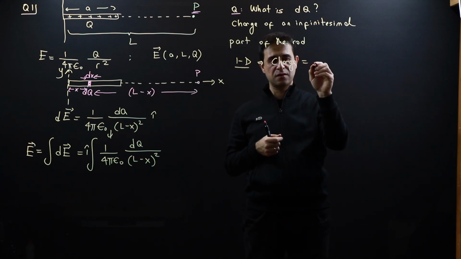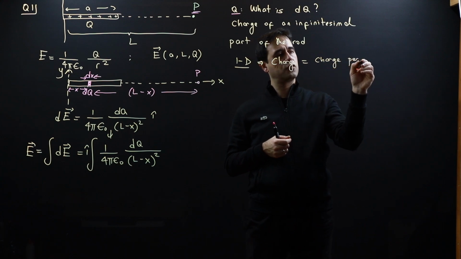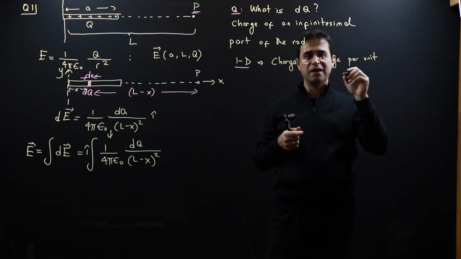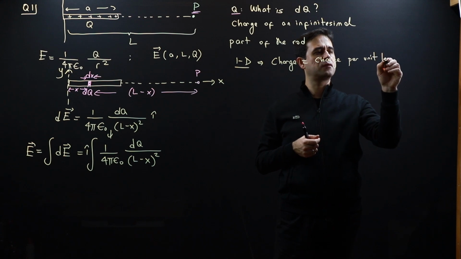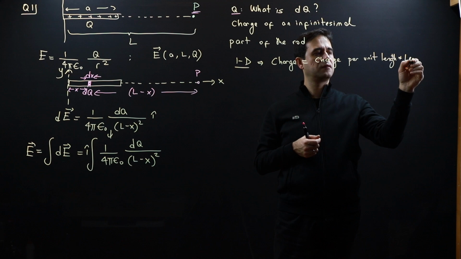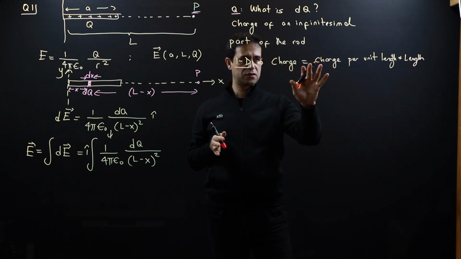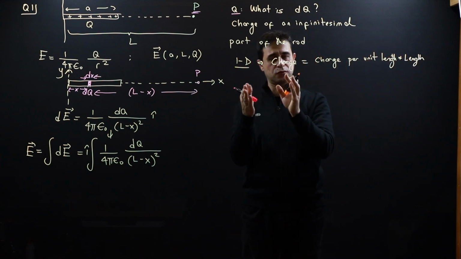It's charge density, which is charge per unit length, times length. Right? So it's pretty simple. It's charge per unit length times length is equal to charge, right?